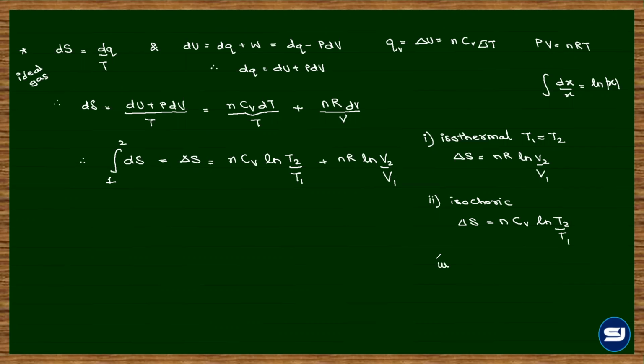Then isobaric, we had written n Cp ln of T2 by T1.